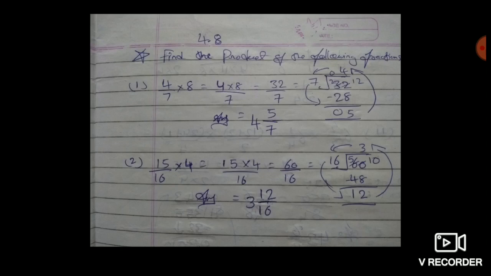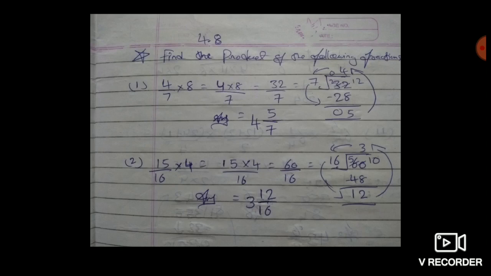Here you can see our answer is an improper fraction, so we go for division. Because our answer is an improper fraction, we need to make it a proper fraction. So for a proper fraction we can do the division method. After division we go for the cycling method, like this.